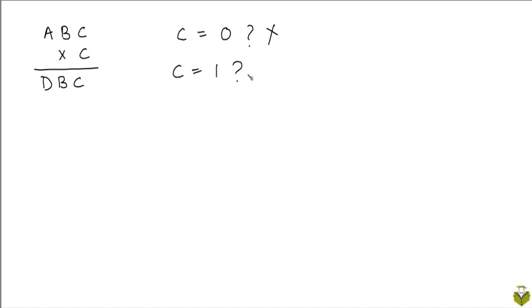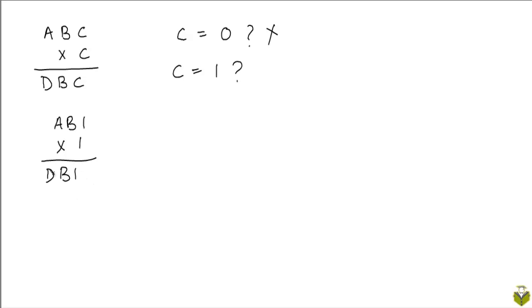Can C be a 1? Well, if we put C as 1, we get AB1 times 1, yielding the product DB1. Now if you look at this particular encoding, you'll find that it doesn't make sense, because AB1 times 1 should have been an AB1, but the result is a DB1.